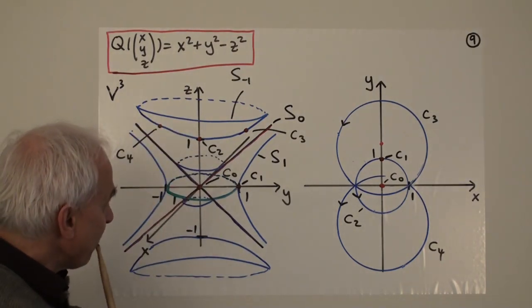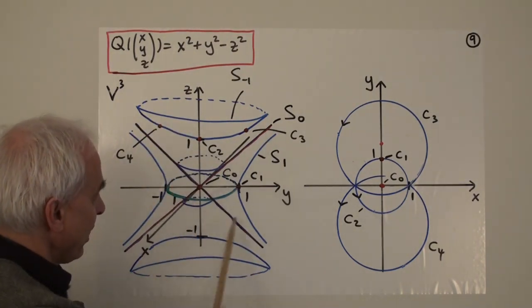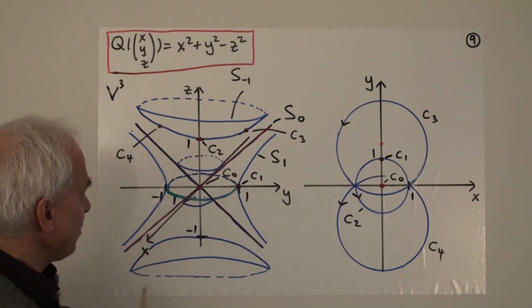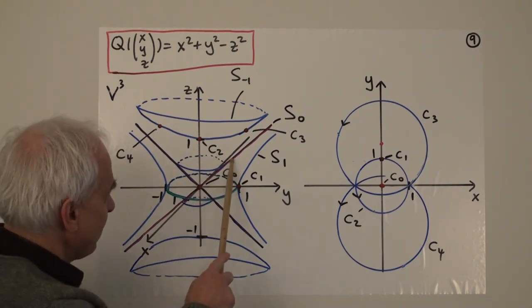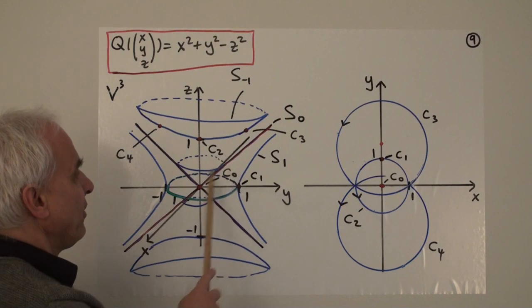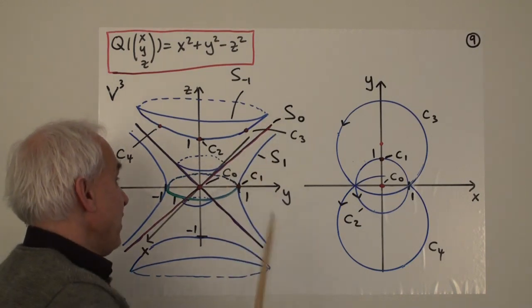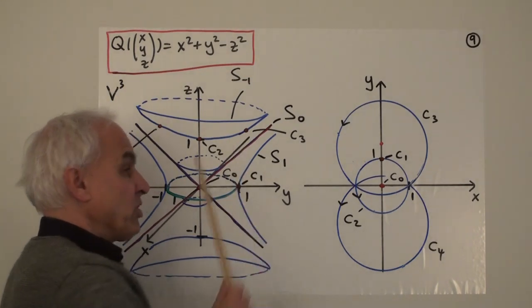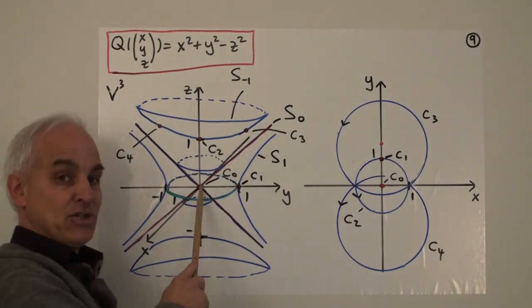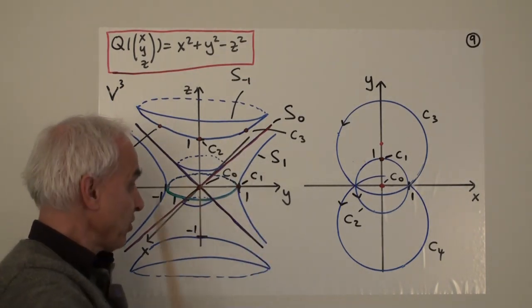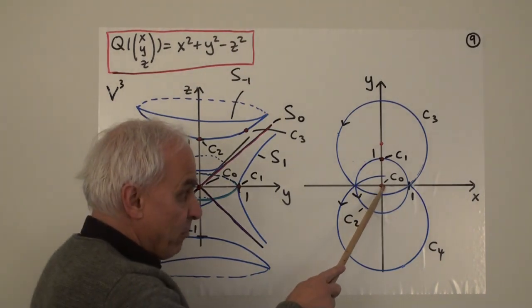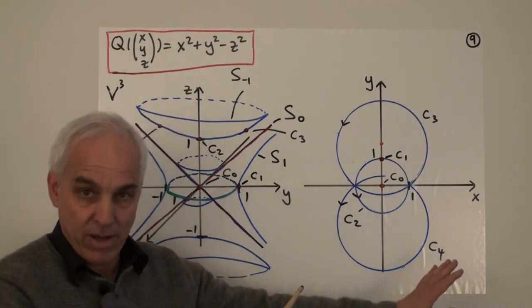Let me start with S0, which we've already talked about. How do we think about points which lie on this cone S0? Well, these correspond to circles which are tangent to this circle here. Now this circle here is just this single point circle in the xy plane.